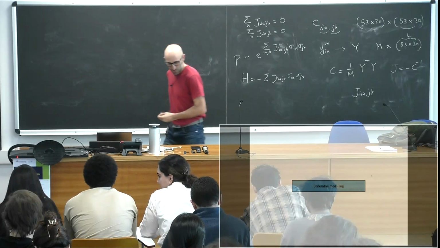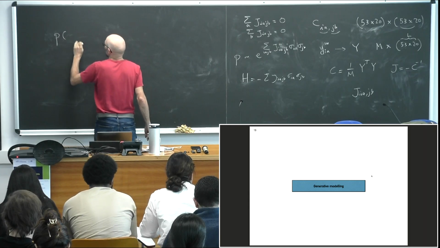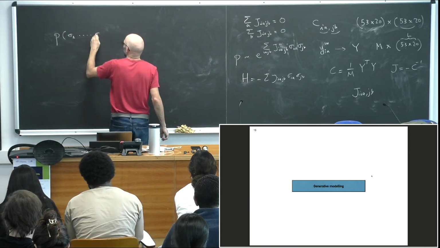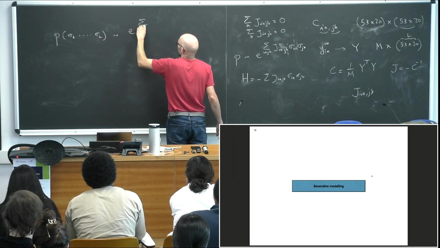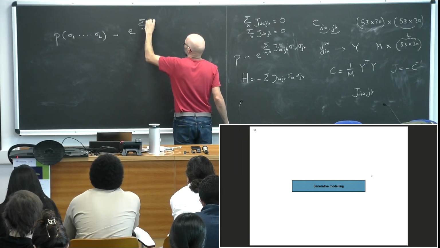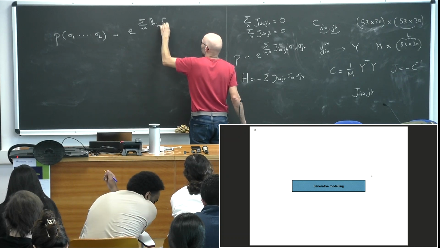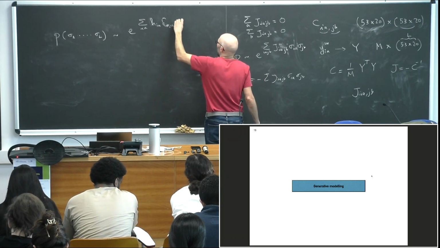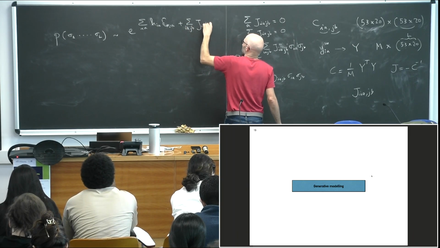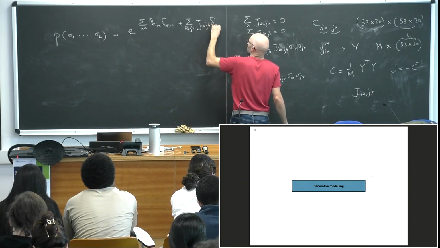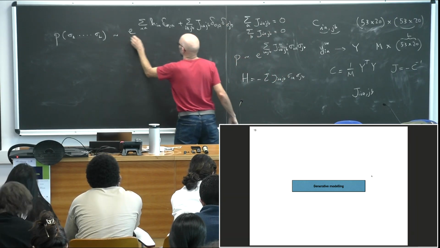As we said yesterday, I can say the probability of a string of amino acids can be written as an exponential of the sum over i, a of h_i^a delta sigma_i a, plus the coupling terms, times this, divided by a partition function.